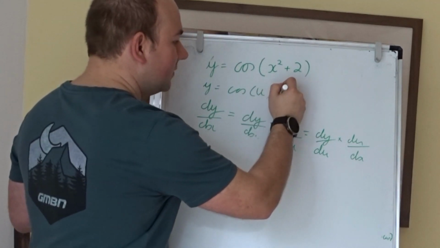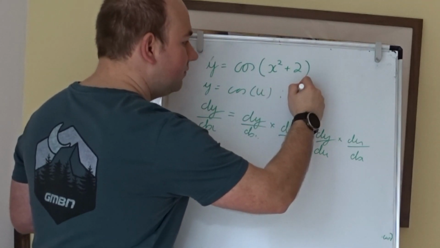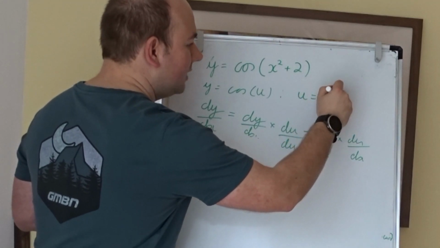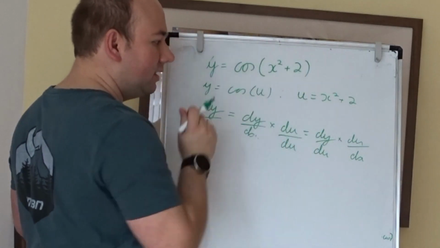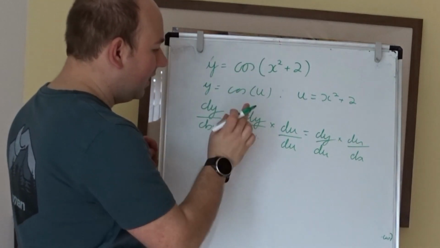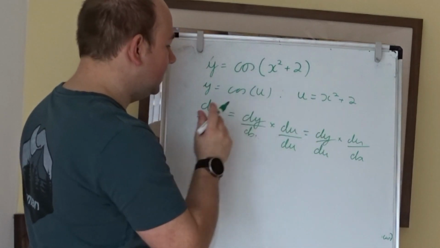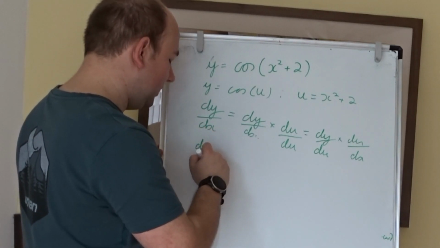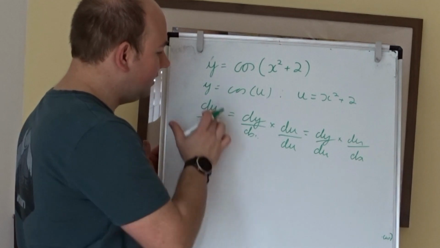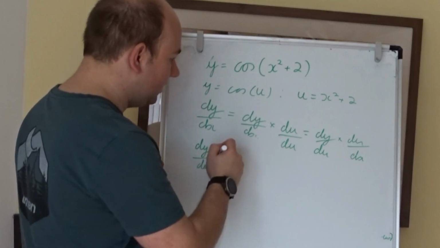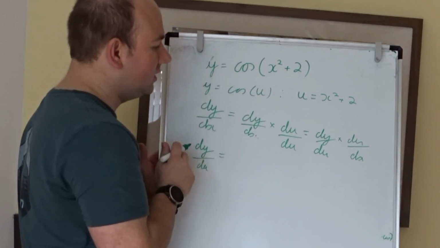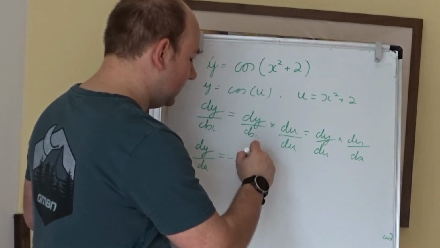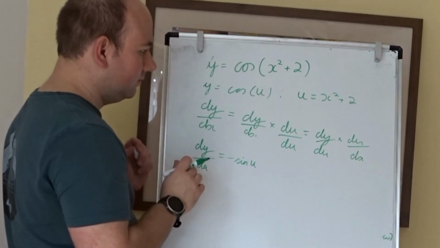And this is what allows us to do this. So if we said that u was equal to x squared plus 2, so the thing in the brackets, we can now find dy by du, so this means we're differentiating y with respect to u. So the differential of cosine u is going to be minus sine u.